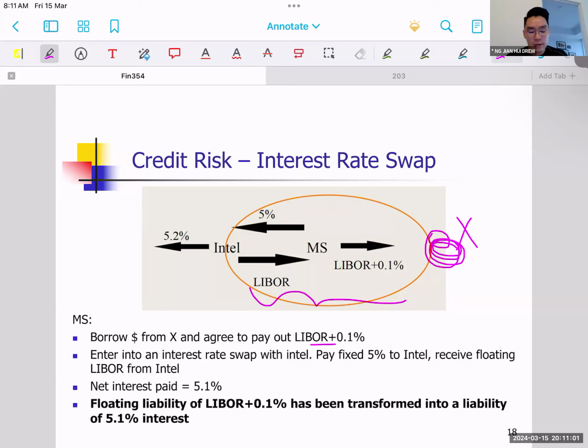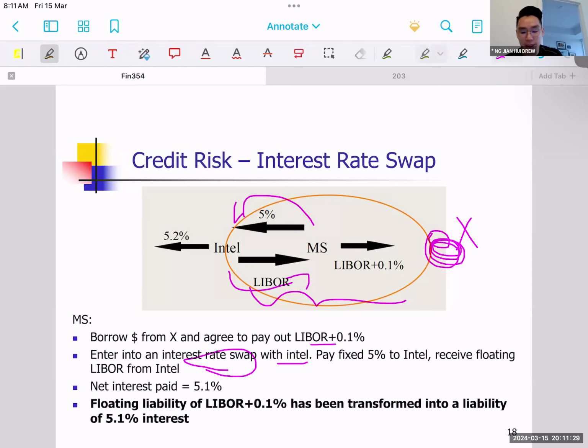Now, Microsoft doesn't want to pay a floating rate, because we know LIBOR is a floating rate. Microsoft wants to pay a fixed amount. So what does Microsoft do? It enters into a swap agreement with Intel. It agrees to pay 5% to Intel, and Intel will in turn pay LIBOR to Microsoft.